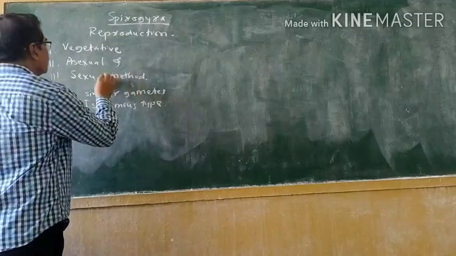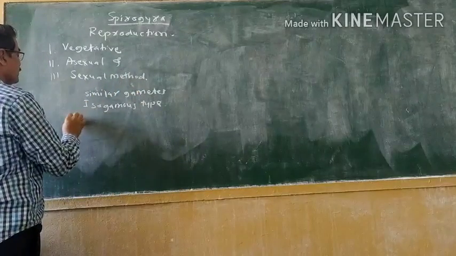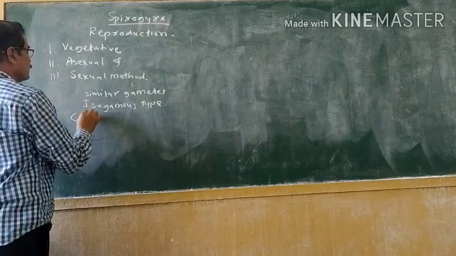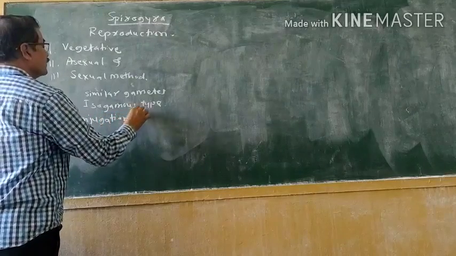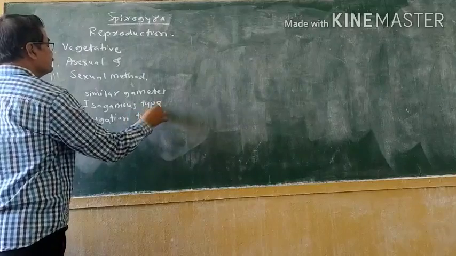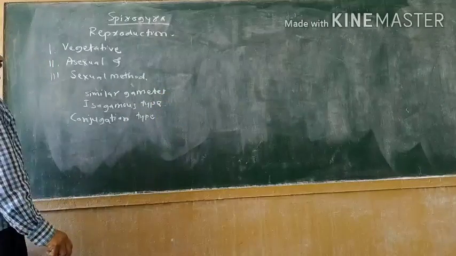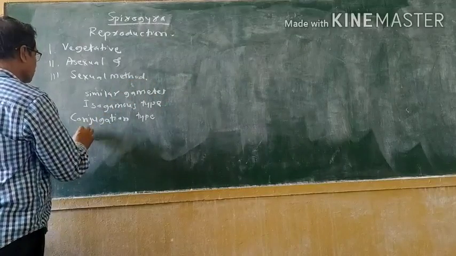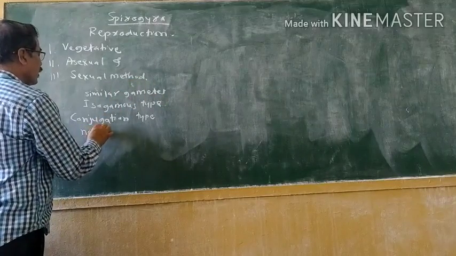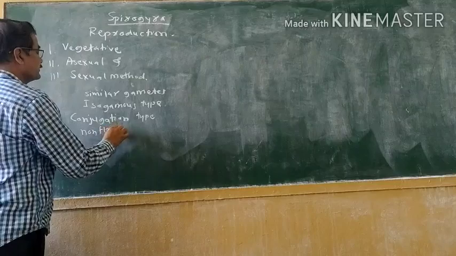Here, the sexual reproduction takes place by means of the conjugation method. Here, conjugation type reproduction takes place, which forms non-flagellated gametes.